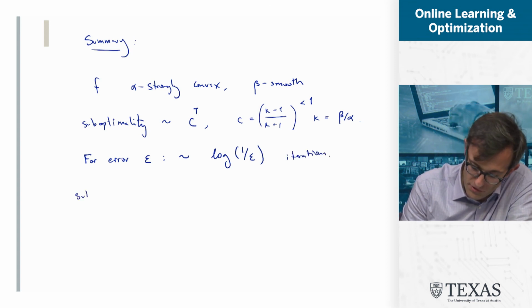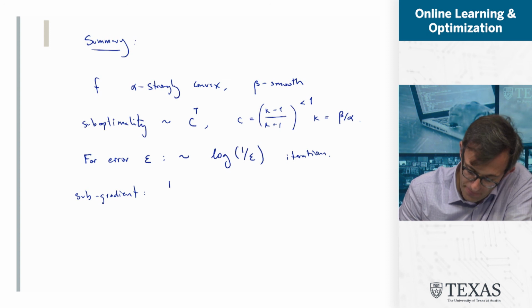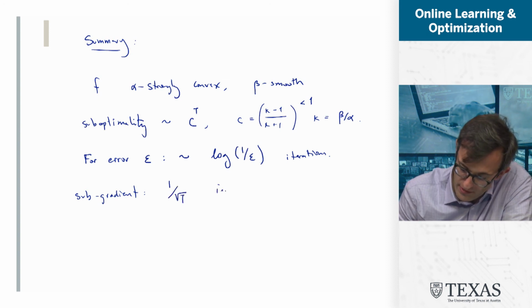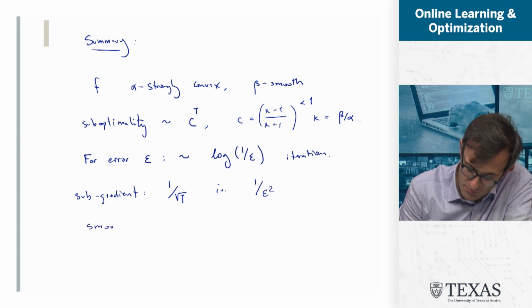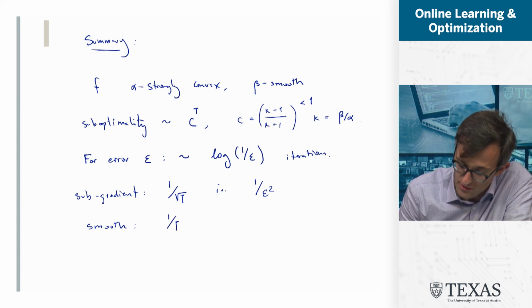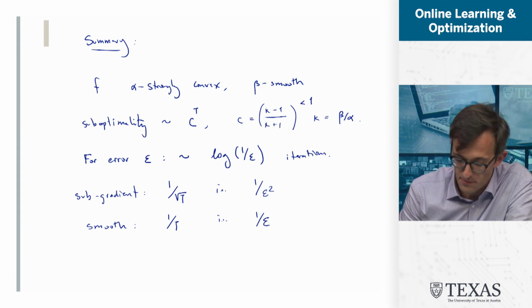So for subgradient, we have error that scales like 1 over square root of t. In other words, we need 1 over epsilon squared iterations. For smooth, we have error that scales like 1 over the number of iterations, which is equivalent to saying I need 1 over epsilon iterations to get epsilon error.